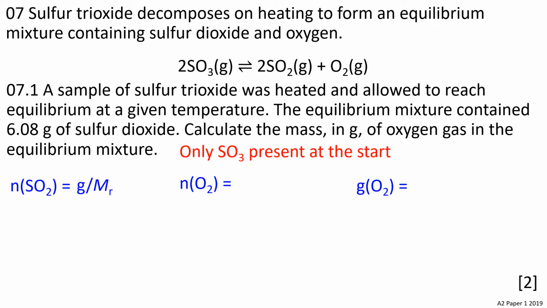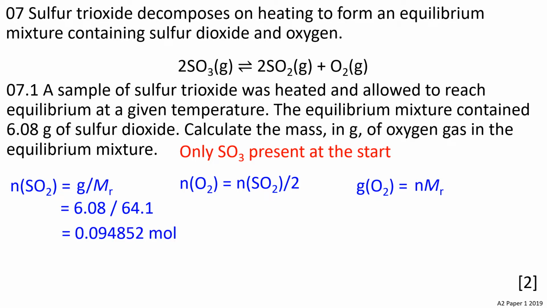So the amount of SO2, we can use the equation number of moles is equal to mass over molar mass, and we can get to the amount of oxygen because we can see that it's a 2-to-1 reaction, and then from that we can get the mass of oxygen, the grams of oxygen, by multiplying the amount by the molar mass. So the amount of sulfur dioxide is 6.08 divided by 64.1, which gave me 0.04852 moles.